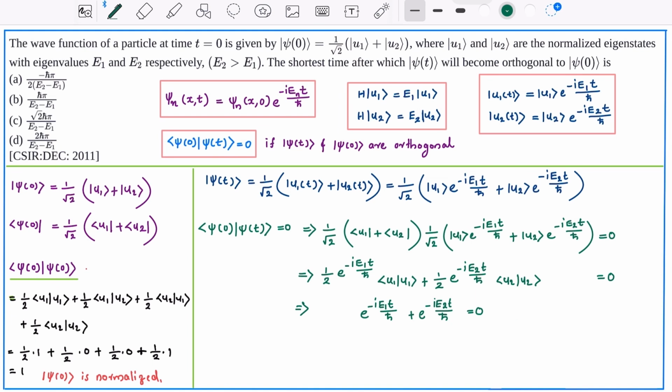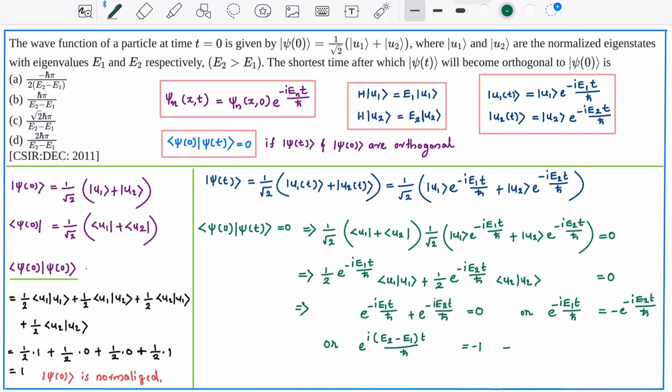Or we can write e raised to minus i e1 t by h bar is equal to minus e raised to minus i e2 t by h bar. Or we can write e raised to i into e2 minus e1 t by h bar is equal to minus 1.